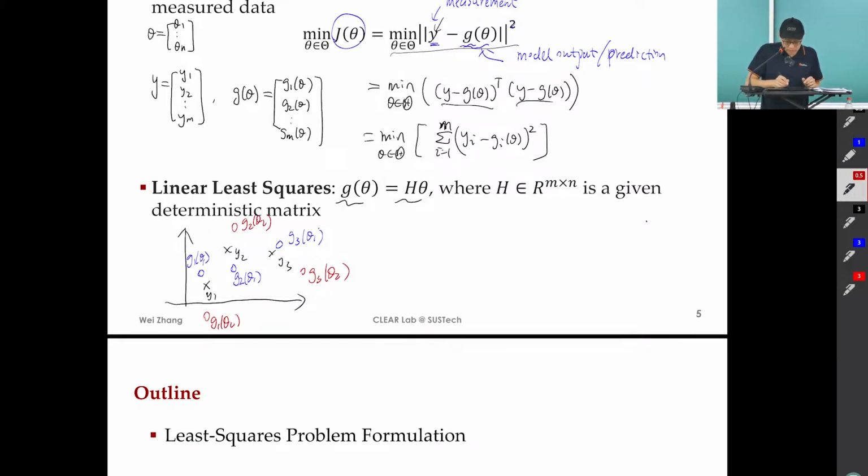So which one is better? Theta 1 versus theta 2. Theta 1 is better. Why?